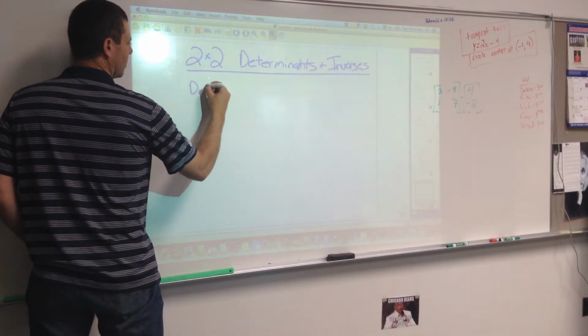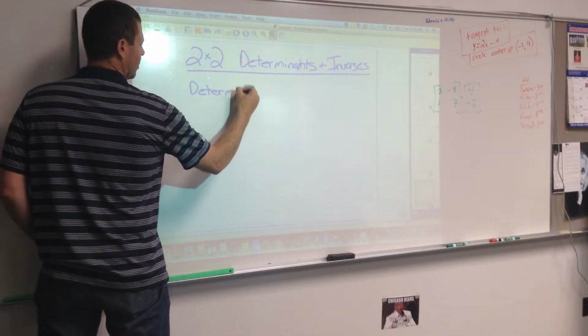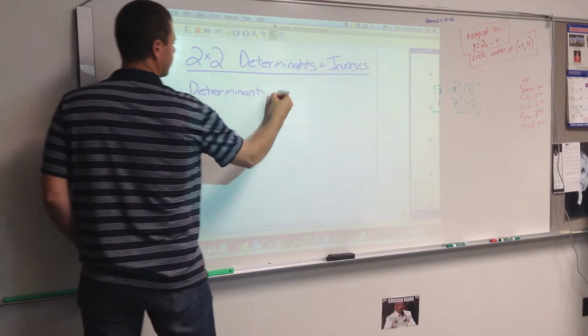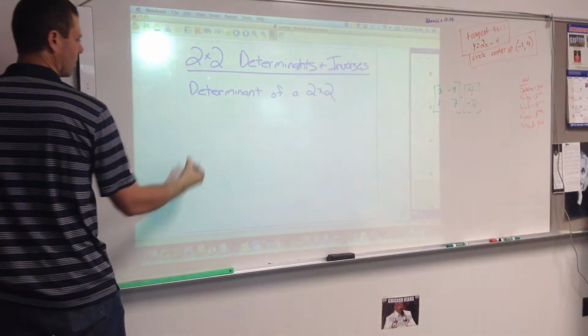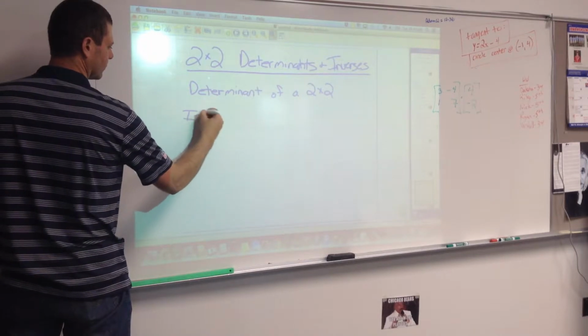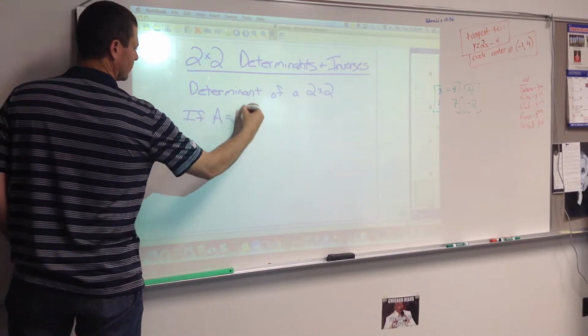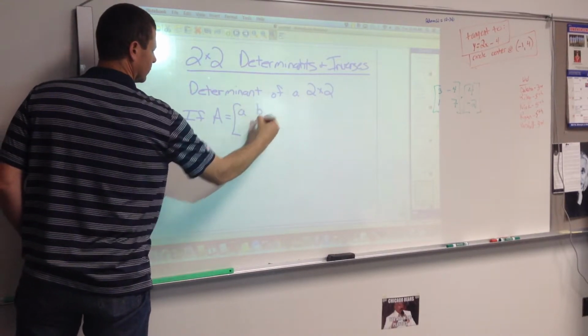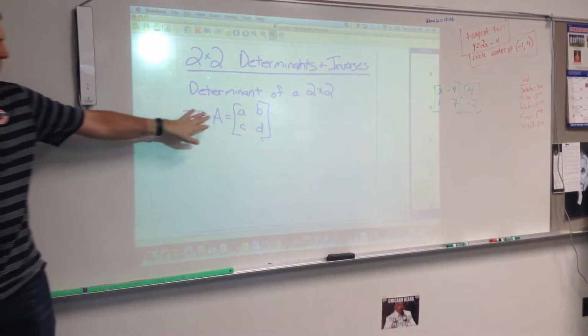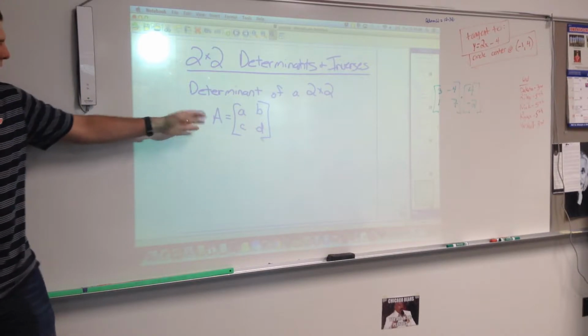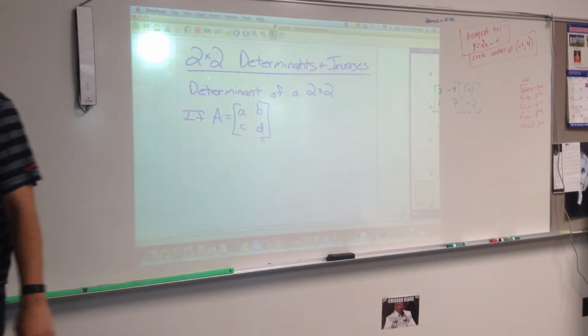So first of all, the determinant of a 2 by 2. Let's say we have some matrix A with elements A, B, C, D in it.